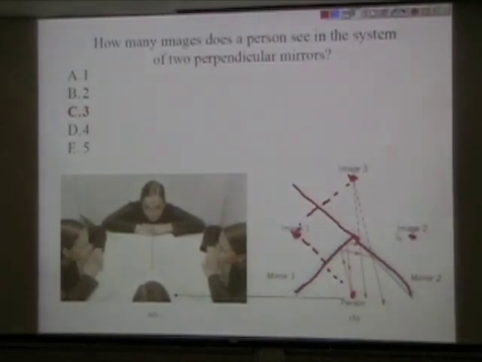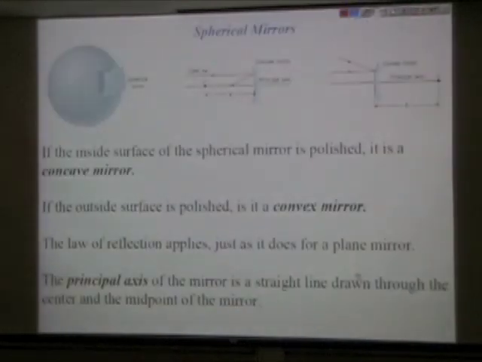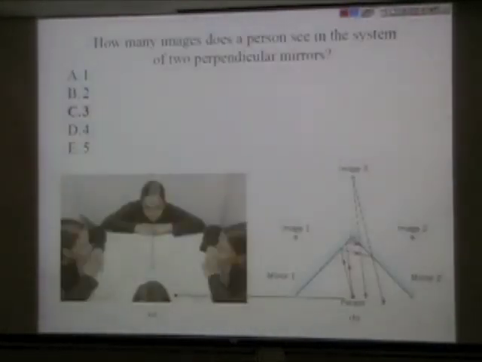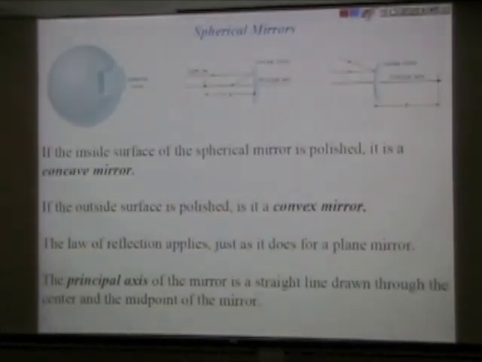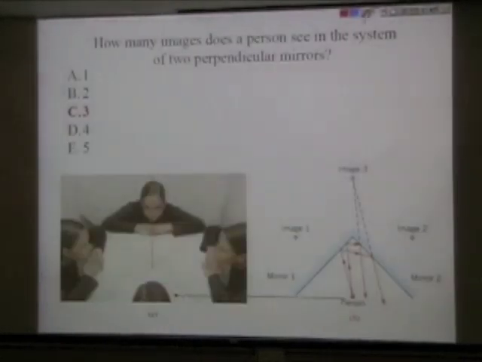and that's how we can get 3 images, and we know again the distance from the object to the image should be equal to each other. We could use these rays to actually prove that the third image is located right here, you see.